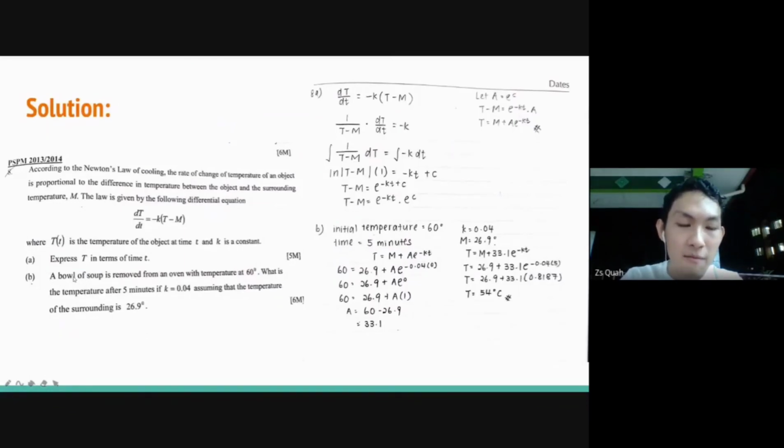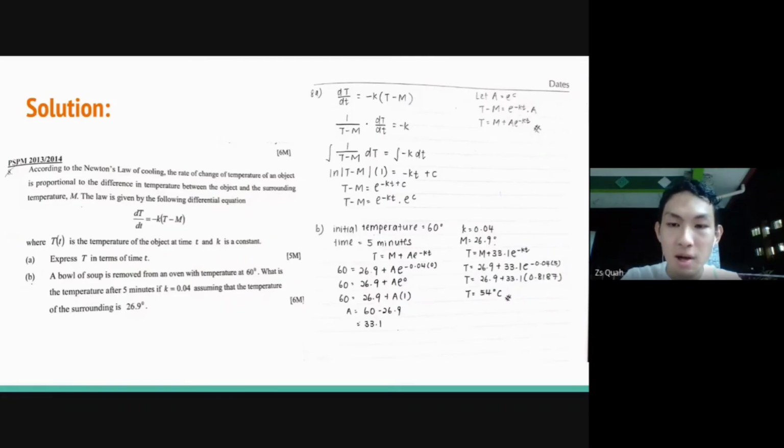So now we will look at B. We will take the information that is given from B. First we know that the initial temperature is 60 degrees and the time is after 5 minutes. So the time is 5 minutes. And the K constant is 0.04 while the M is 26.9. Before we proceed to find the temperature after 5 minutes, first we need to find what A is. We know that the initial temperature is 60 degrees, and at initial temperature, time is equal to 0.